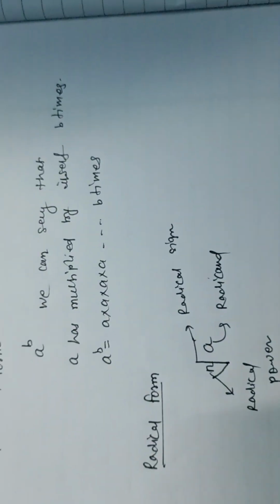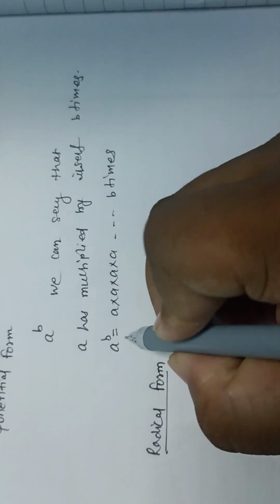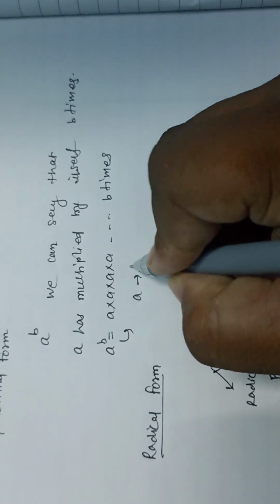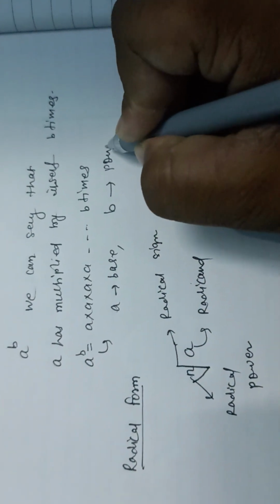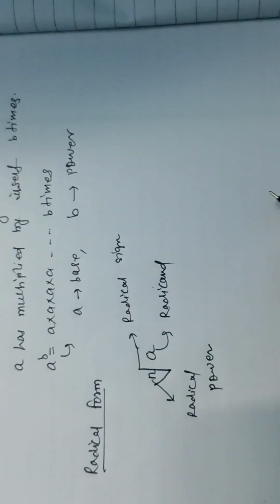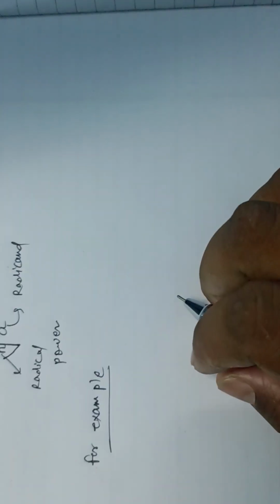And in exponential form, a is the base and b is called the power.